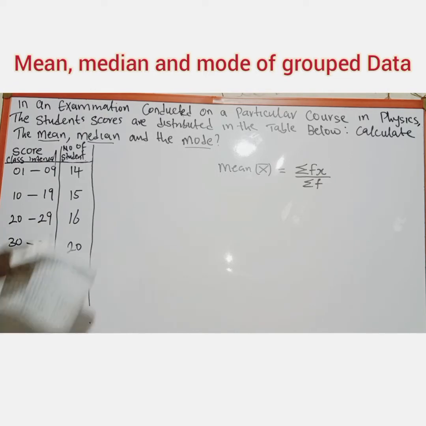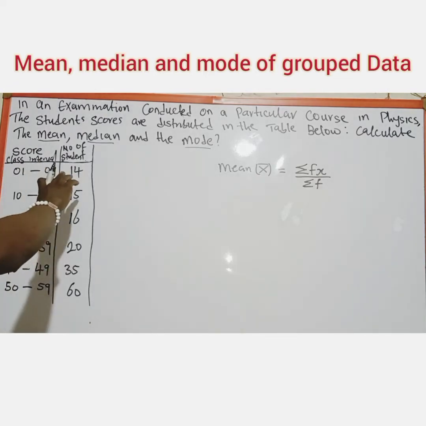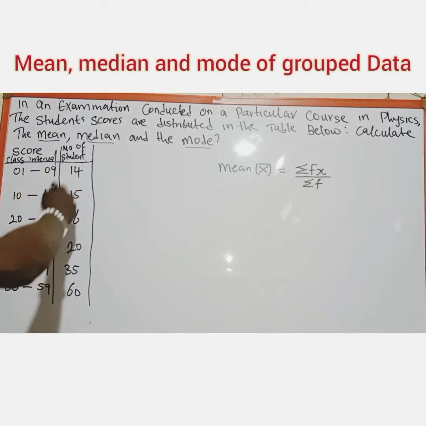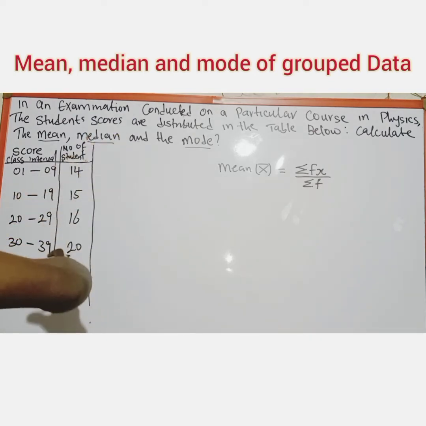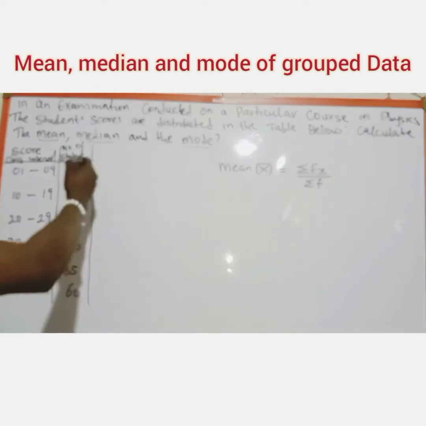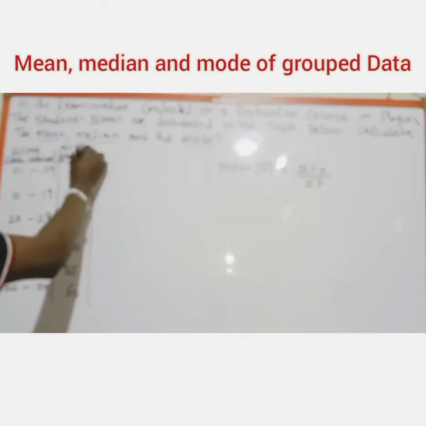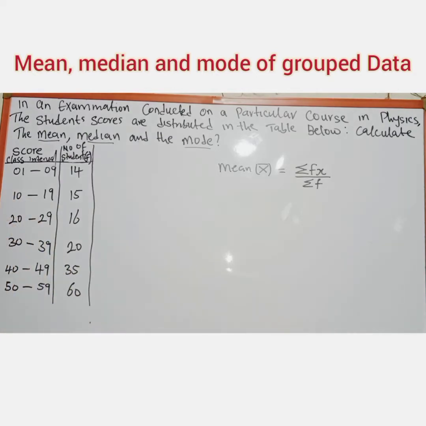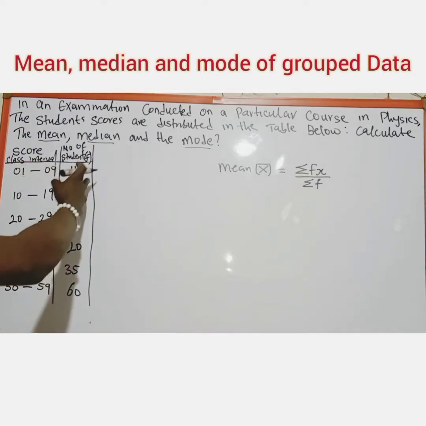The second column is the number of students that participated in this examination, and it can be written as the frequency of this table. So from this table we get the frequency.